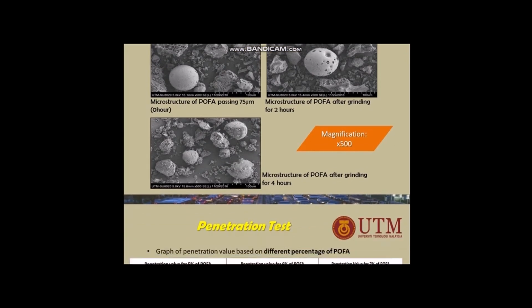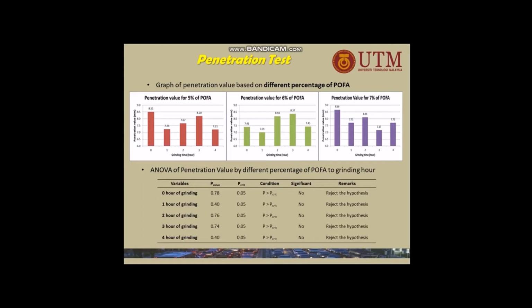The graph shows the penetration value based on different percentages of POFA. Generally, addition of POFA into bitumen will decrease the penetration value, which means the bitumen becomes harder with addition of POFA. However, for 5% and 6% of POFA, increasing the grinding period from 1 to 3 hours increases the penetration results.